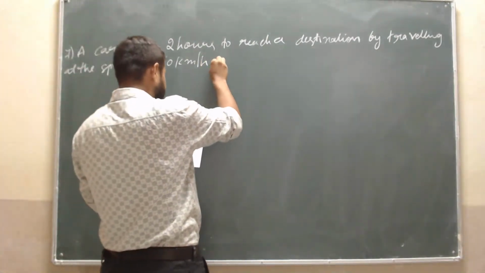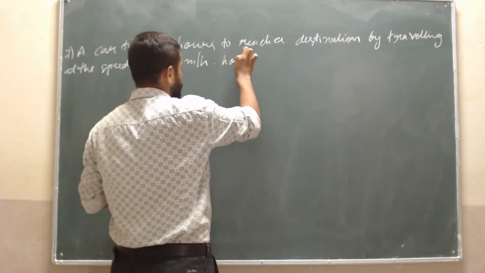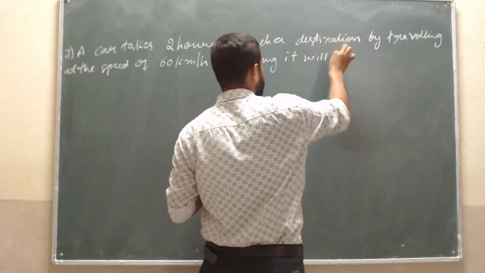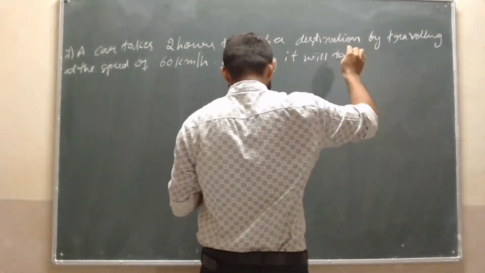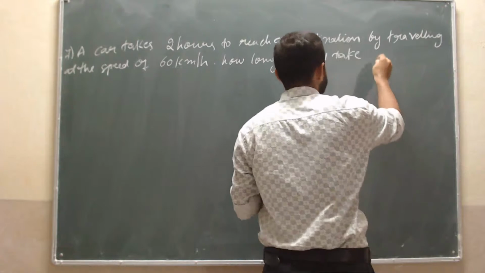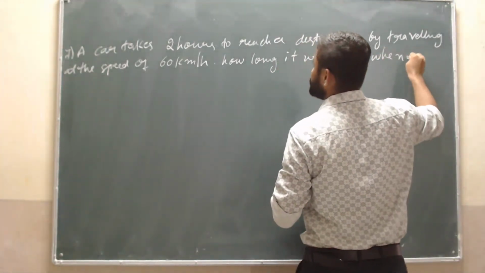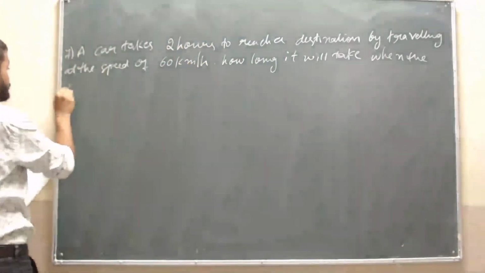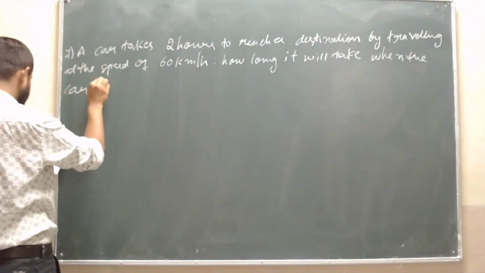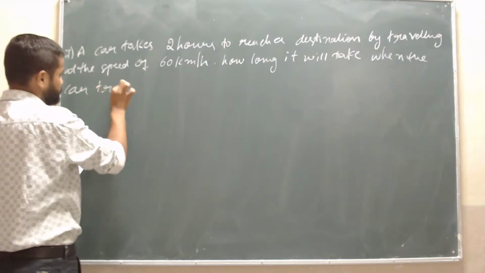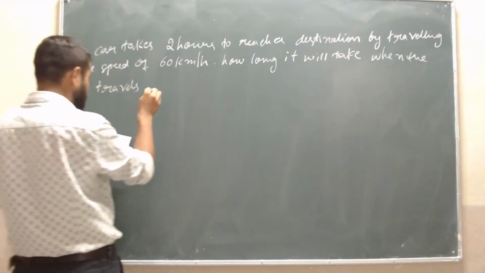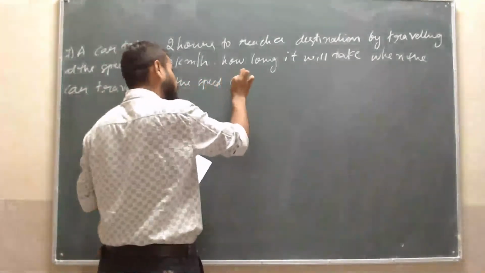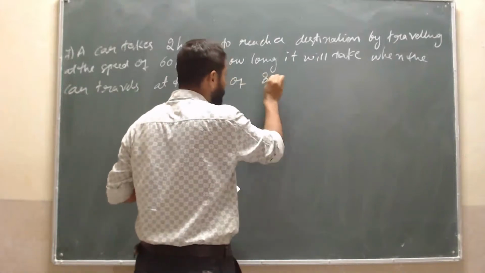How long will it take when the car travels at the speed of 80 km per hour?